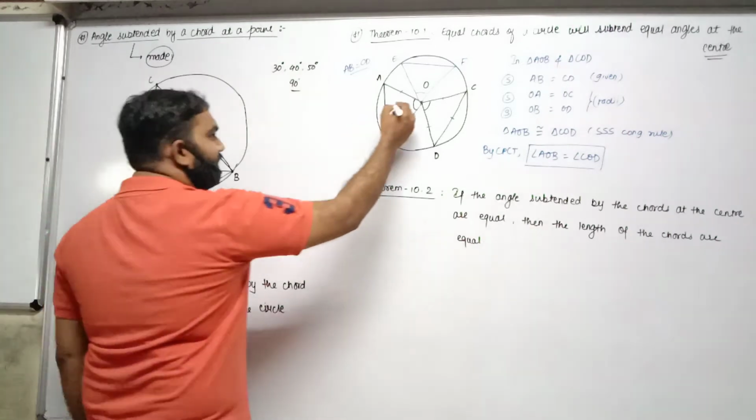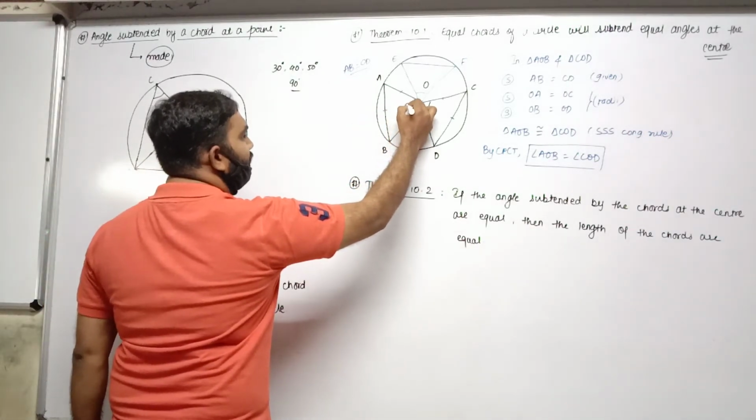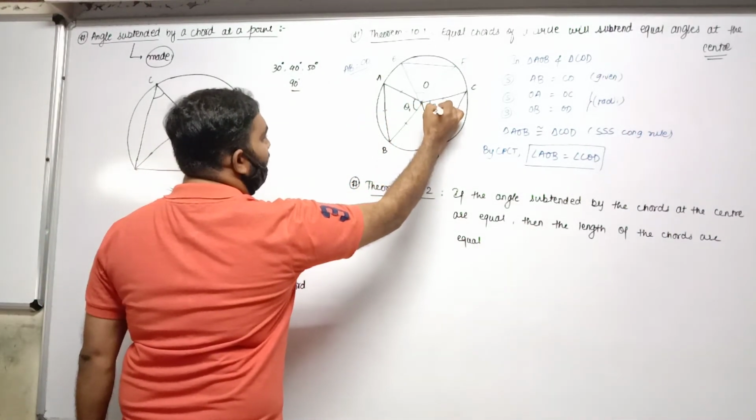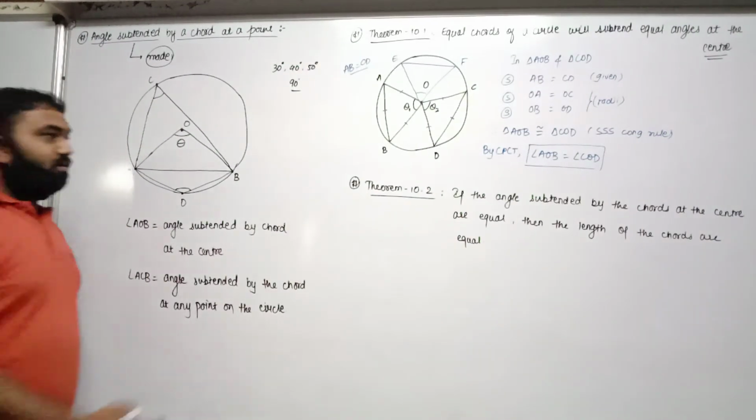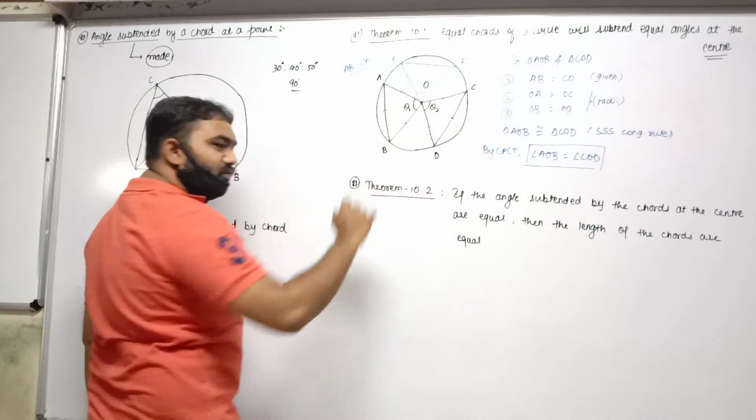Suppose I say that this angle theta1 and theta2 are equal, then the lengths of the chords are also going to be equal.